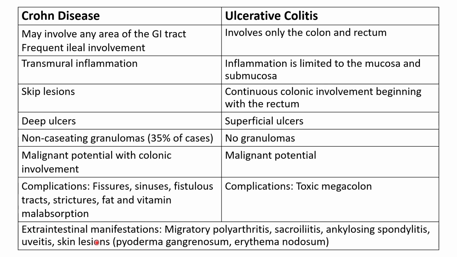Extraintestinal manifestations can occur and they are common to both Crohn's disease and ulcerative colitis. They include migratory polyarthritis, sacroiliitis, ankylosing spondylitis, uveitis, and skin lesions such as erythema nodosum and pyoderma gangrenosum.